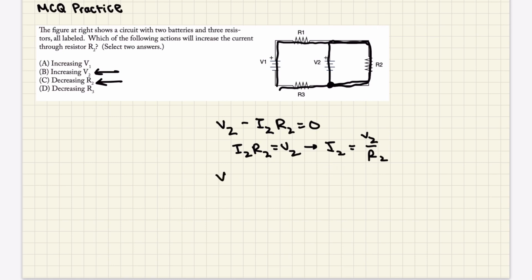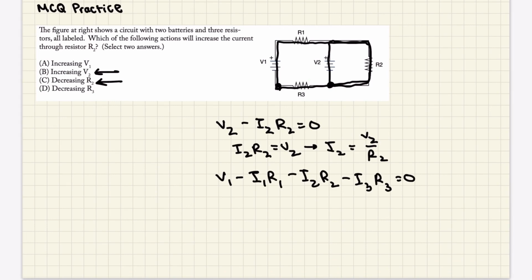If you use the loop rule on V1, you're starting down here, adding V1, minus I1 R1, because you're going through this, minus I2 R2, minus I3 R3. And that's equal to 0. And so, while it is true that you can increase the current of this by increasing V1, you cannot really prove that easily.